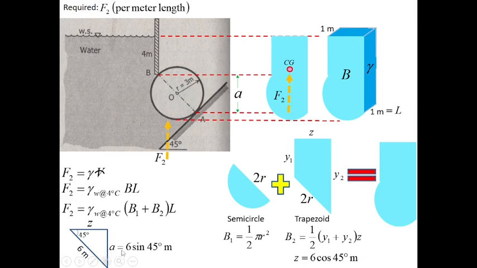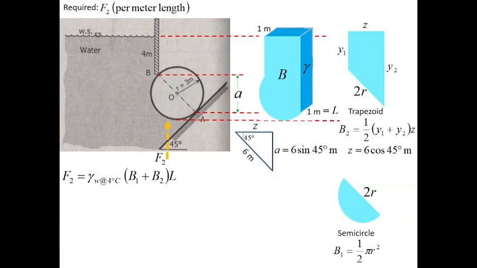So, ito ay 6 sine 45 naman. Malayo. Malayo. At nasolve na natin yan sa nakaraang sa previous slide, no? Yung A. Next. So, yan.